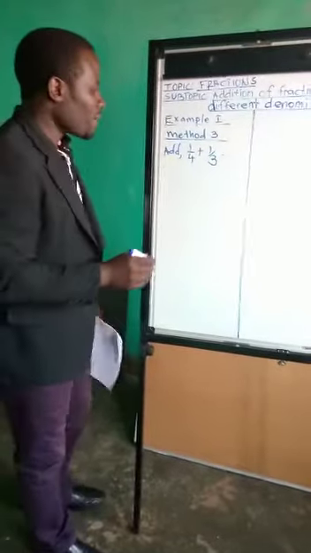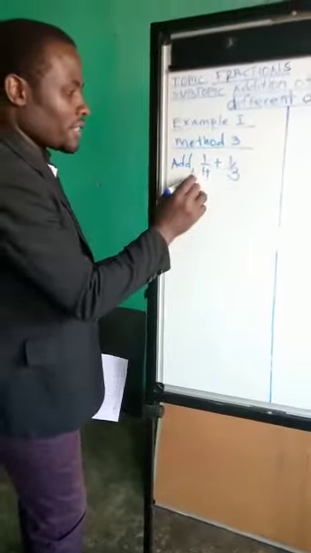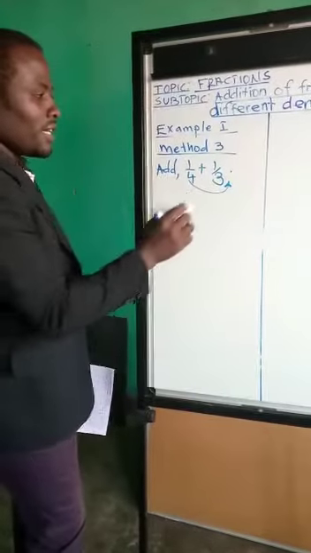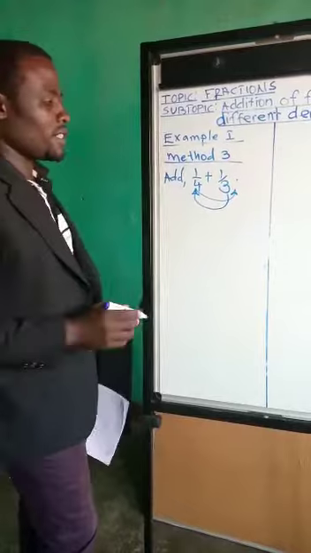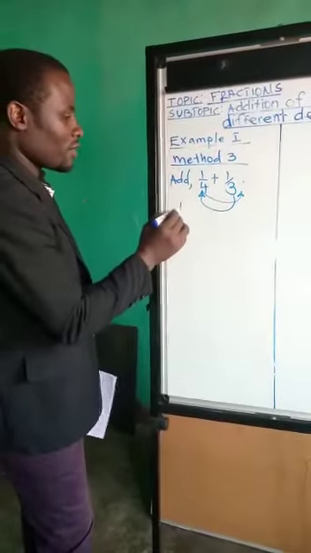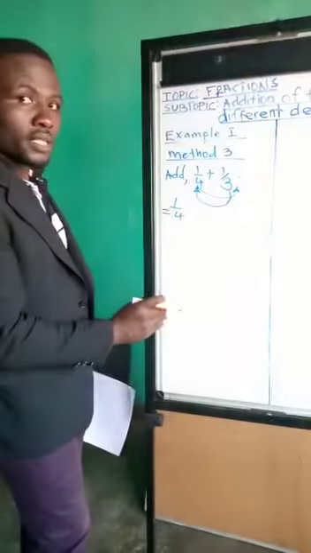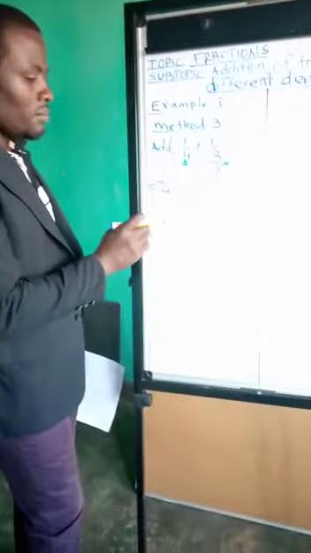In this method 3, we multiply the first denominator to the second fraction, then the second denominator to the first fraction. Our first fraction is a quarter. Remember to maintain the equal signs on one side, and never put two equal signs in one mathematical statement.